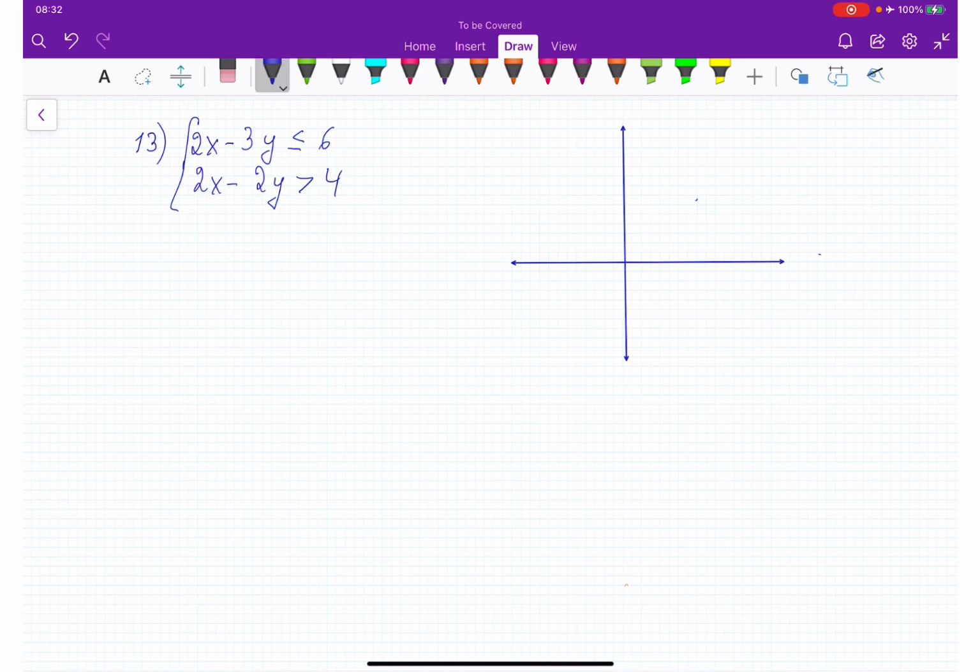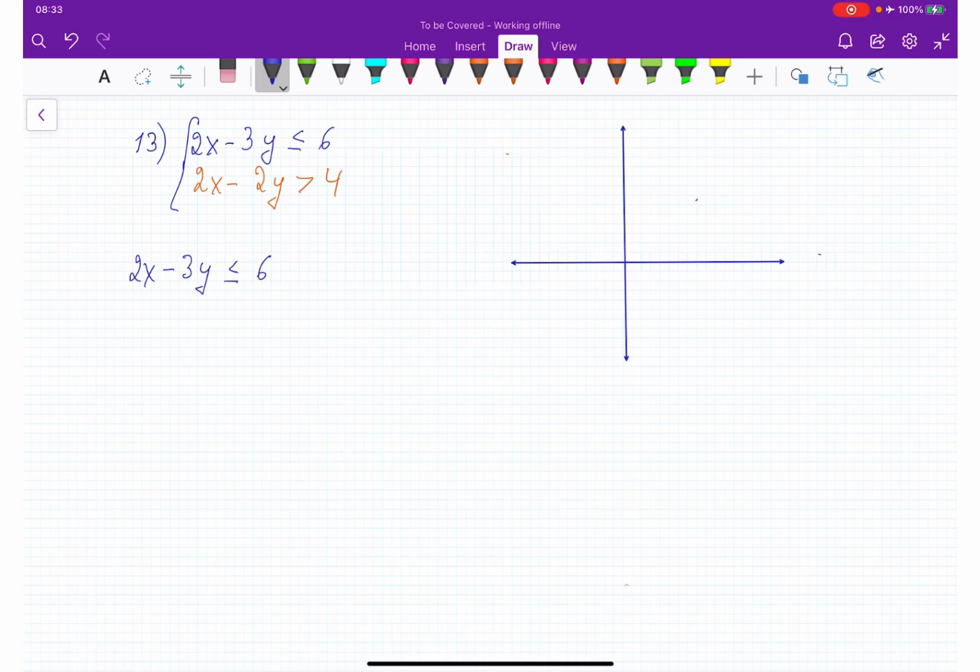All right, so first one, let me color the second one with different colors so you can see which one is what. There we go. So I'm doing the first one: 2x minus 3y is less than or equal to 6.